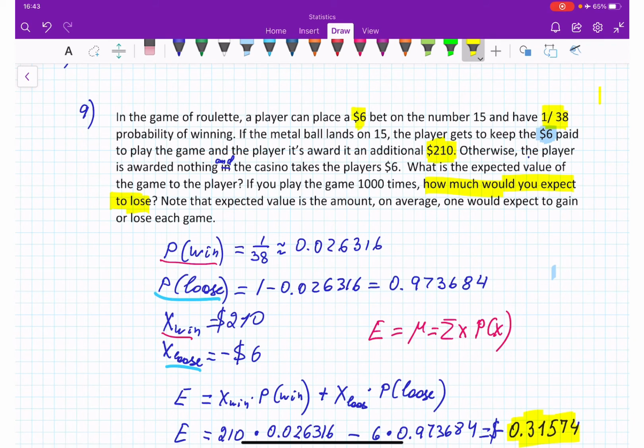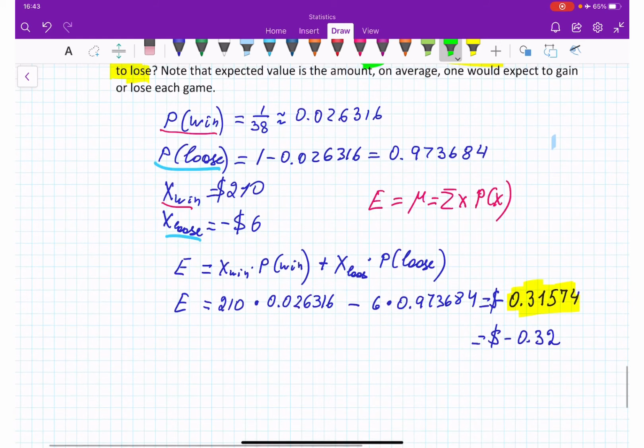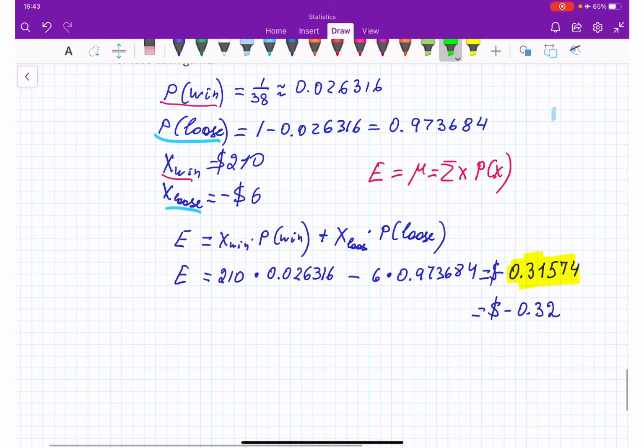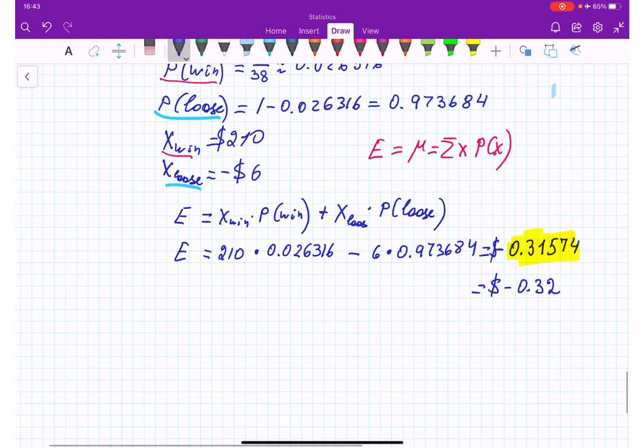If we are playing 1,000 times, and on each game we are losing 0.32 dollars, then the total expected loss is negative 0.32 times 1,000.